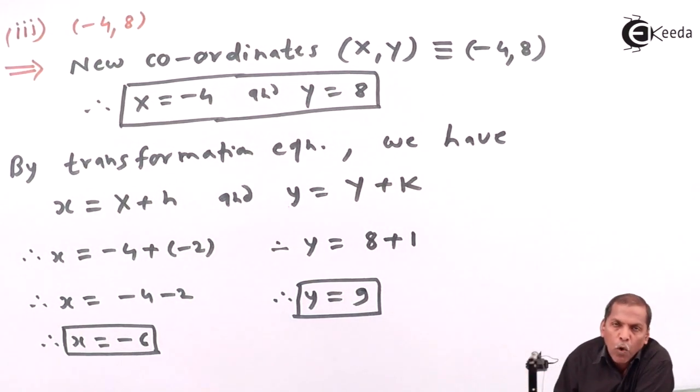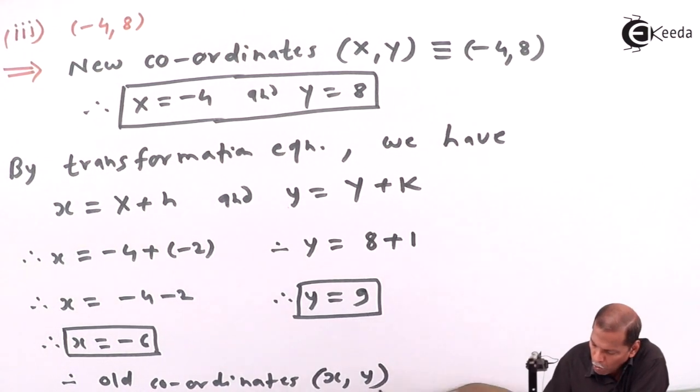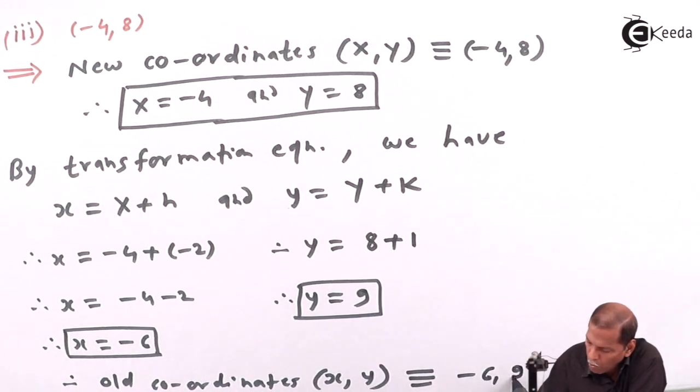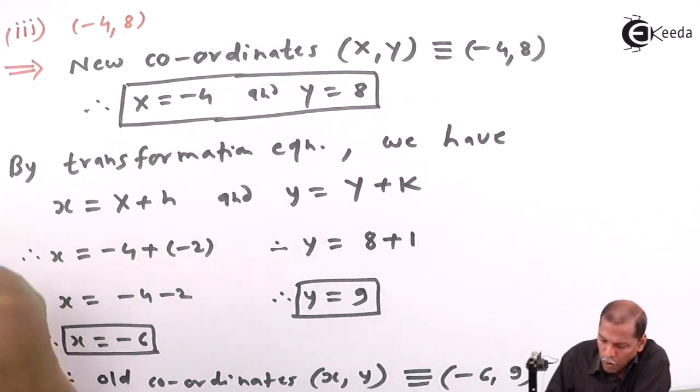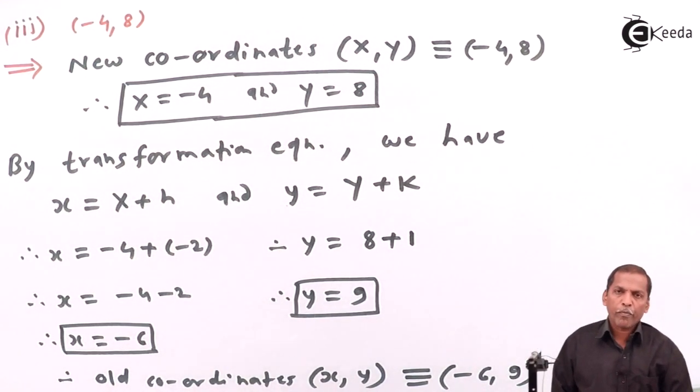And therefore, the old coordinates (small x, small y) are equivalent to (-6, 9). So this is the required solution for the given problem. Thank you.